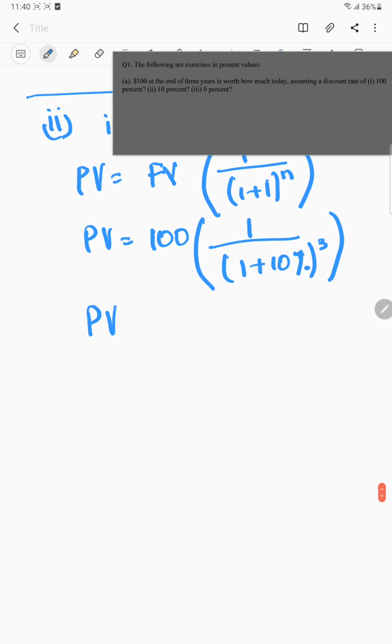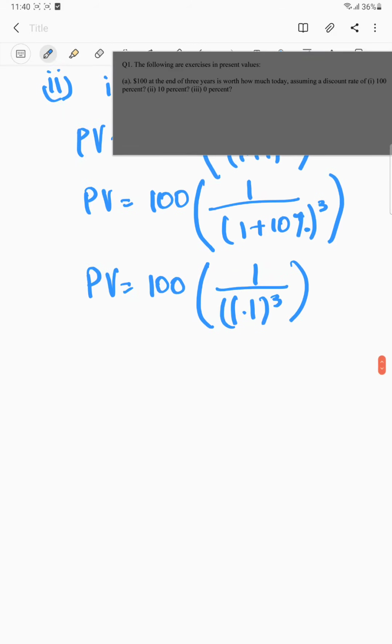PV equals 100 times 1 upon 1.1 to the power 3. We'll solve this: 1.1 to the power 3 is 1.331.